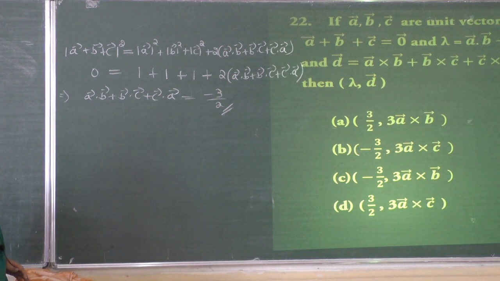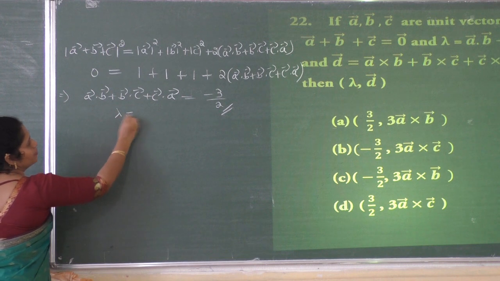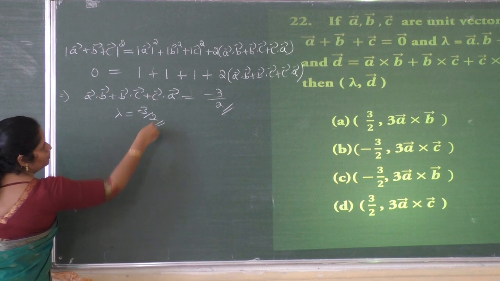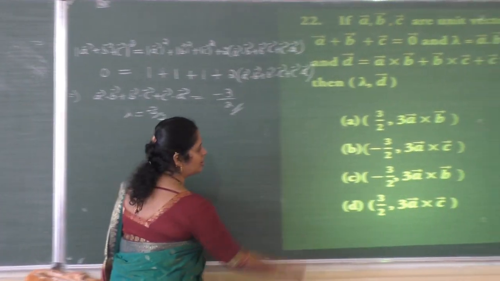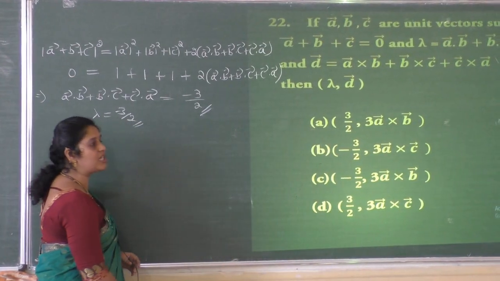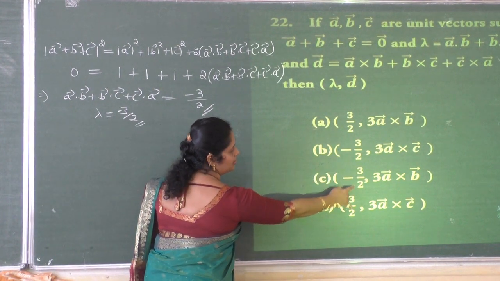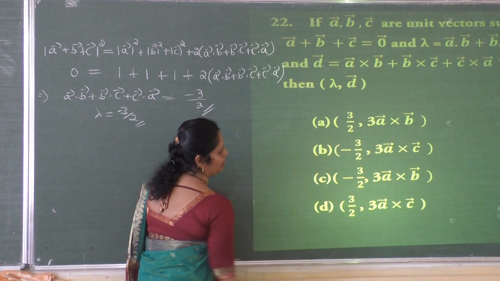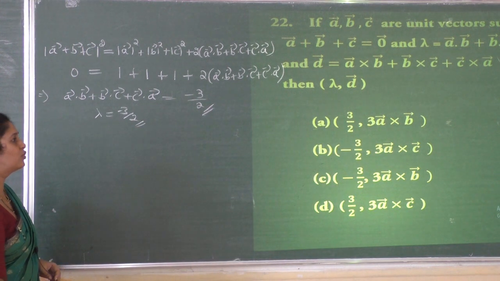This is the value of lambda. So lambda is minus 3 by 2, and you can see minus 3 by 2 in option B and option C. Option A and option D are not the answer for that given question.